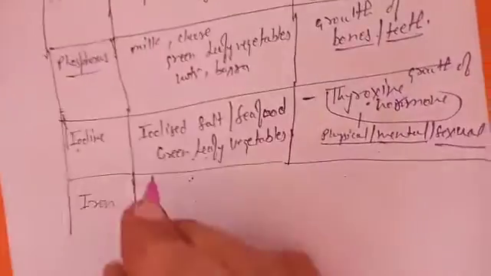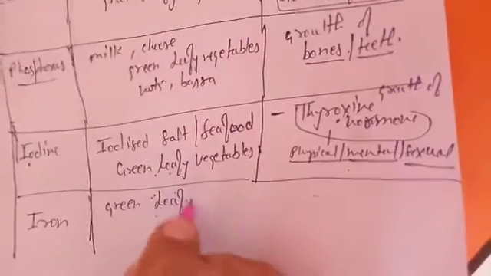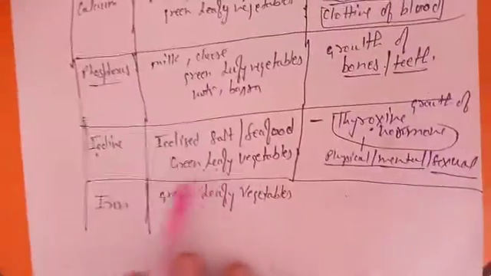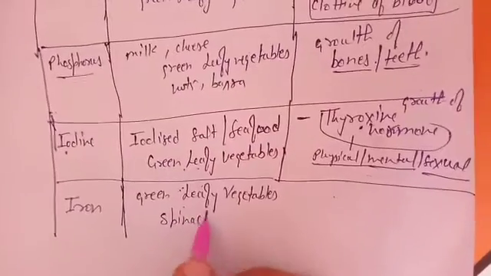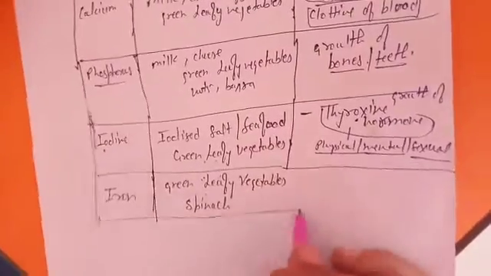The last important one is iron. You know very well the rich source is green leafy vegetables. You get calcium, phosphorus, iodine, and iron from green leafy vegetables, like spinach.